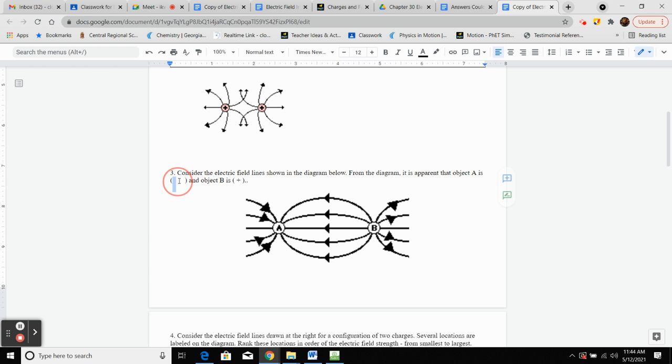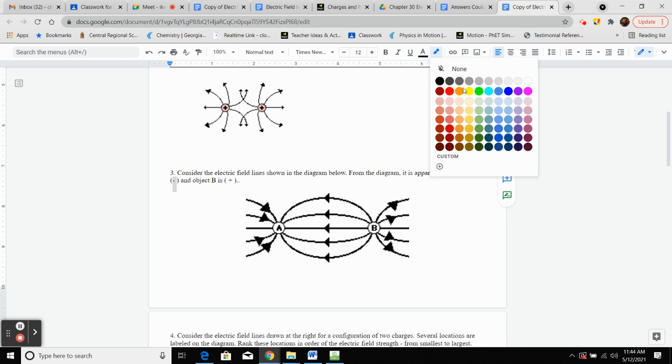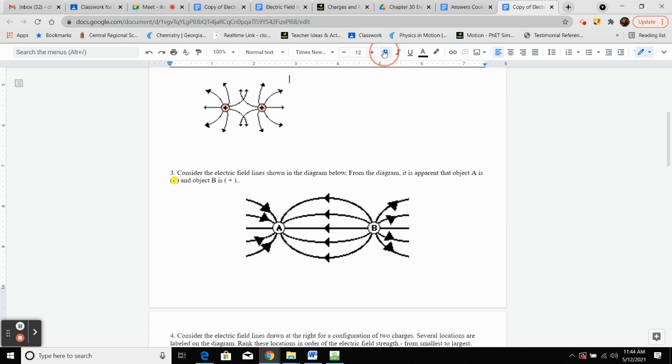And they go in towards a negative, which is what's going on at A. So A is negative and B is positive.